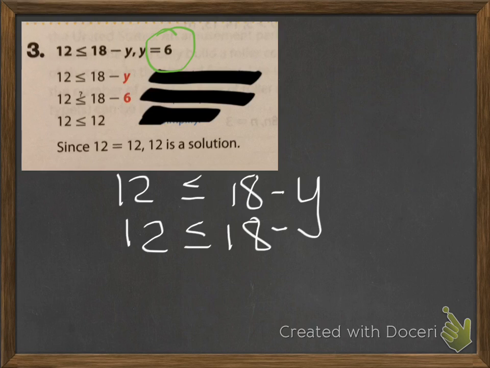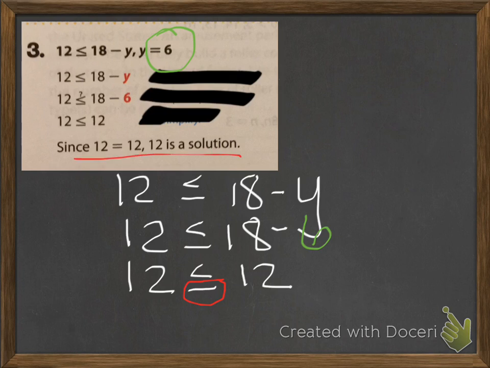We're going to substitute 6 for the y. So now we need to finish solving the rest of the problem. 12 is less than or equal to 18 minus 6 gives us 12. And since 12 is equal to, see that little part right there? Since 12 is equal to 12, this is a solution. So that's what they've said right here.